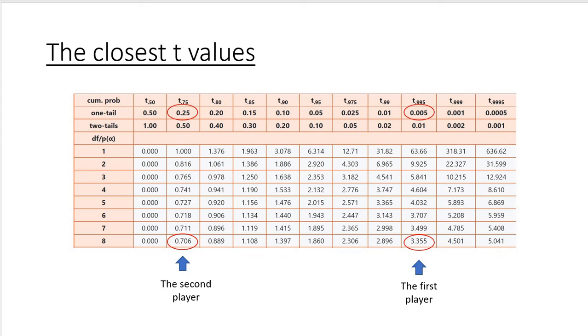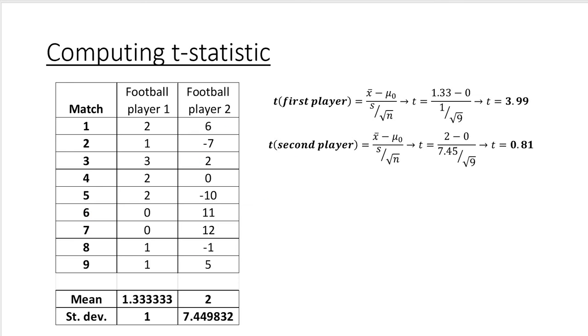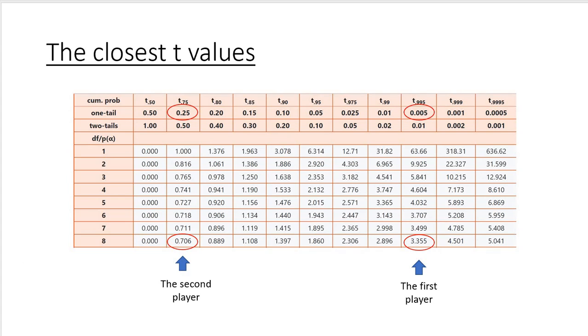So for instance, for the second player, the t statistic was 0.81, and we still have 8 degrees of freedom because we have 9 observations for each player. So I can pick either this one or this one, but this one is actually bigger than the value I have calculated.